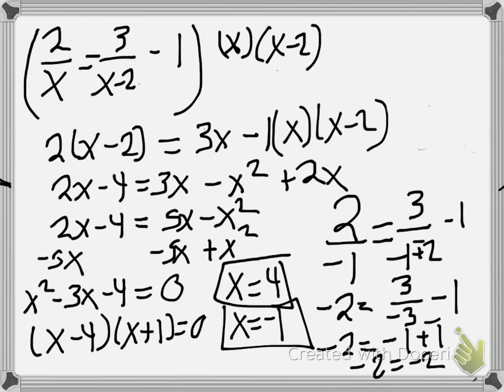All right, so let's go ahead and erase this. See if I can get this back up the way I want it. There we go. All right, let's move on to question number 24.